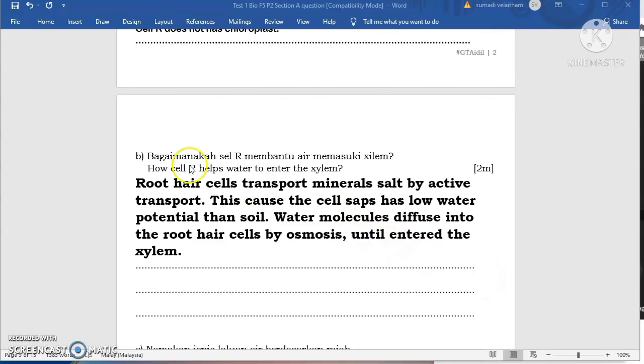Okay, so how does the root hair cell help water to enter the xylem? The root hair cell transports mineral salt by active transport. This will cause the cell sap in the vacuole to have lower water potential than the soil. You must compare with the soil. Water molecules diffuse into the root hair cells by osmosis until they enter the xylem.